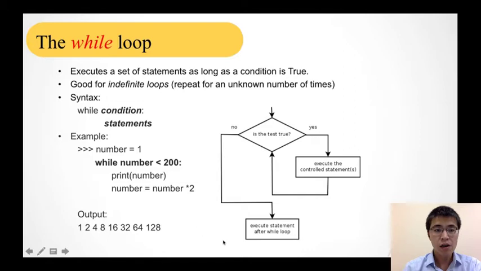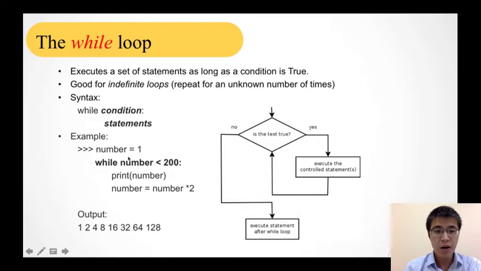We start from the first number, 1, and we show that number in this result list. And every time this condition, number is smaller than 200, is satisfied, we continue this loop. And if this condition is not satisfied, we stop.